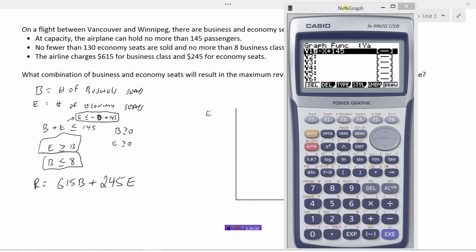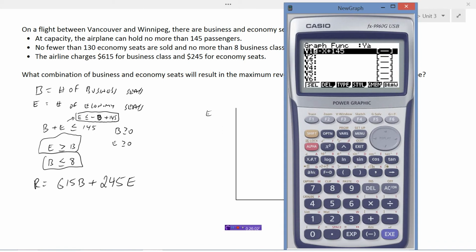Okay, I don't know what happened with my calculator there. I had to close it and start it again. So I've put that first one in there, y is less than or equal to negative x plus 145. My next one is going to be y is greater than or equal to 130. So I'm going to change the type to greater than or equal to. It's showing that there.